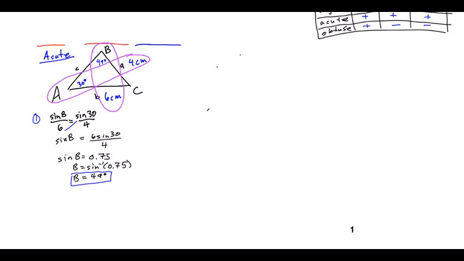Step two requires you to find the angle C. Now, angle C is going to be 180 minus 49 minus 30 degrees, which gives us 101 degrees. Fill out your triangle.